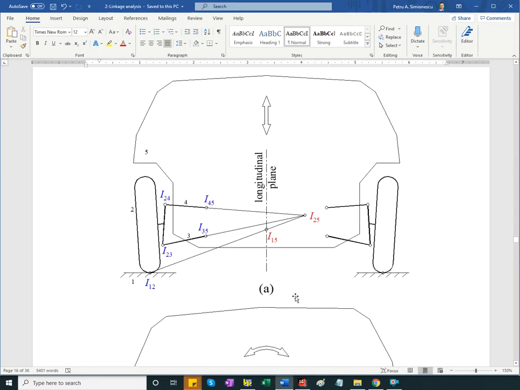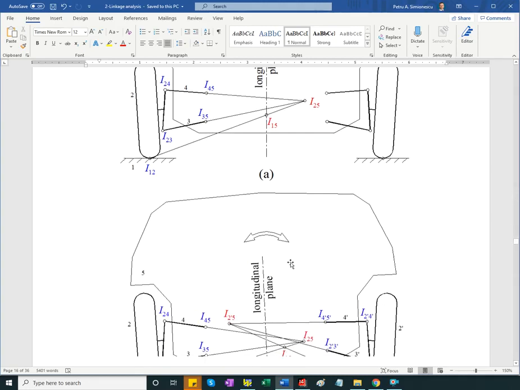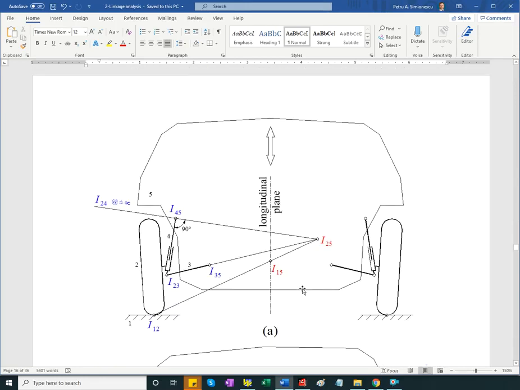Now, in the reference position, when there's symmetry, you just intersect this Kennedy line 1 to 5 with the longitudinal plane, and we know that the instant center is going to be there. In the case of a McPherson suspension, remember you have the instant center between 2 and 4 at infinity, on a line that's perpendicular to the line of sliding of the suspension strut.